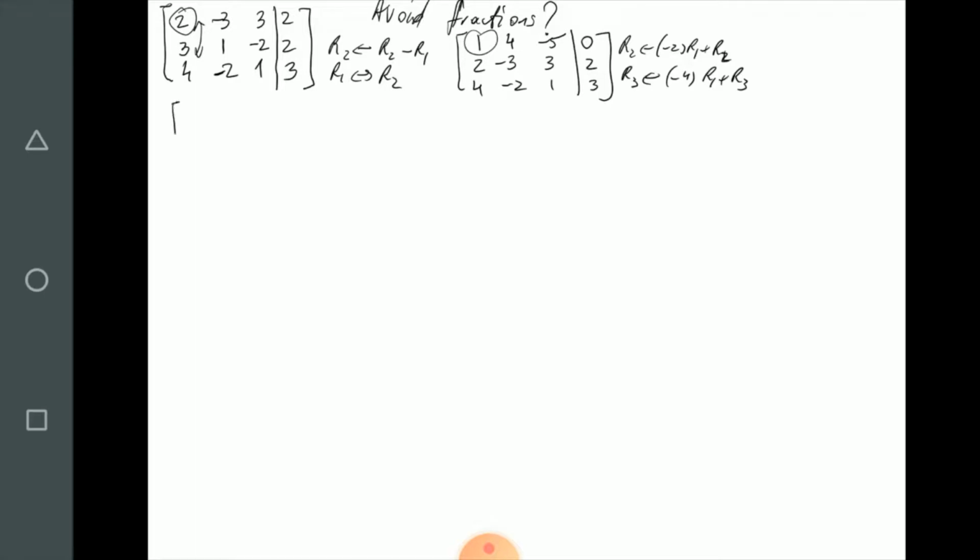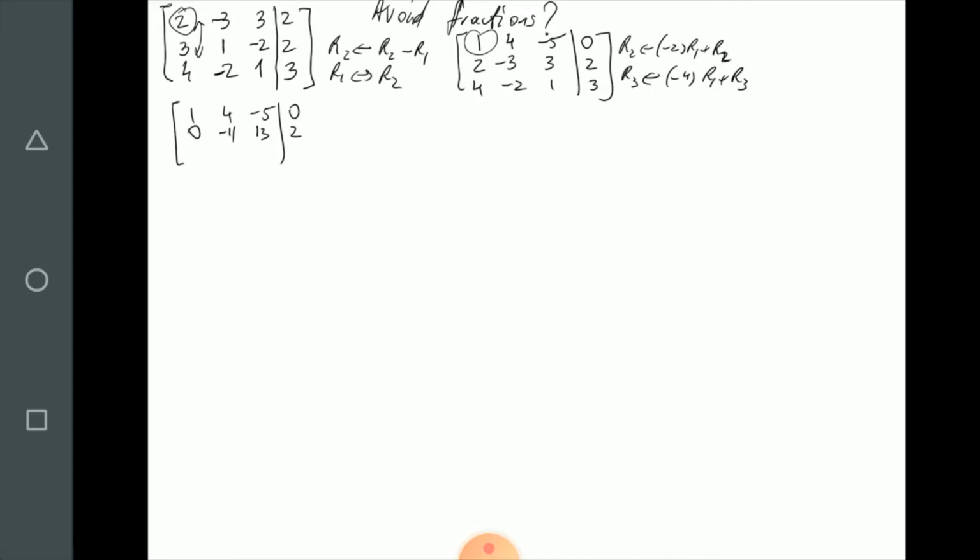And the new matrix is 0. So 1, 4, minus 5, 0. Then 0, let's see, minus 2 times 4 minus 8 minus 2, that's minus 11. Then 13, minus 2 times minus 5 is 10, plus 3 is 13, and then minus 2 times 0 plus 2, that's 2.